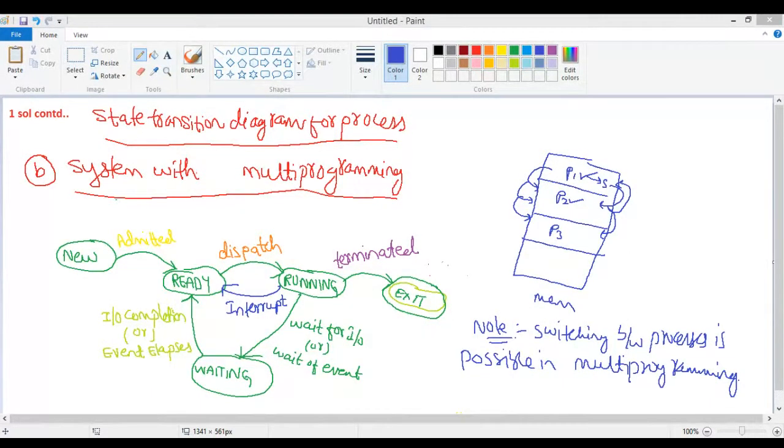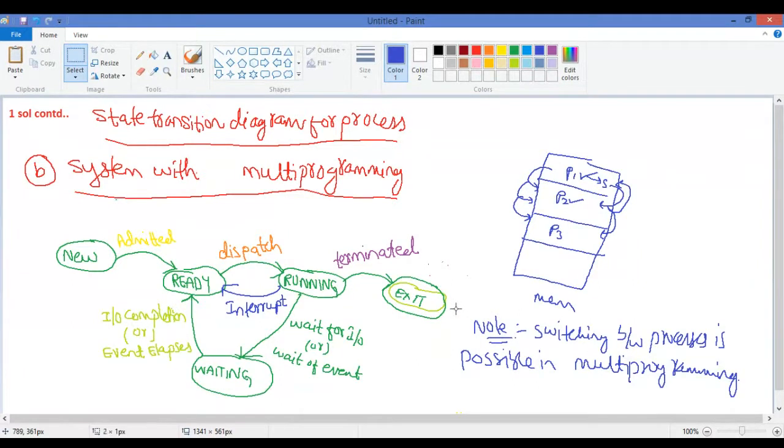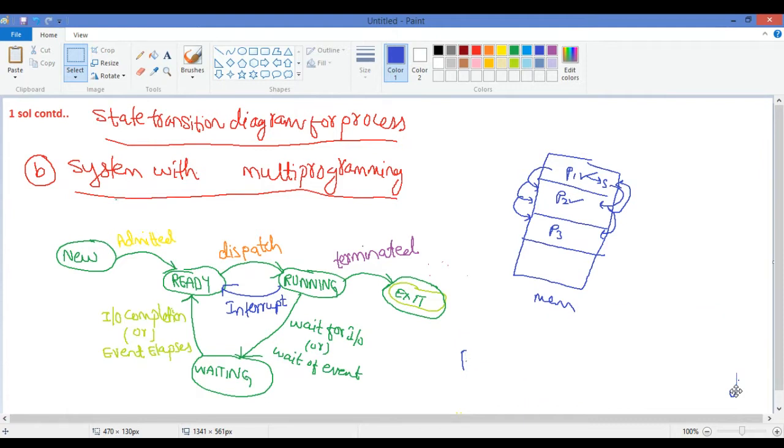So understood all of you? Do you have any questions up to here? Clear, Doctor, but switching after that, what is? Let me write clearly. Switching between processes is possible in multi-programming.